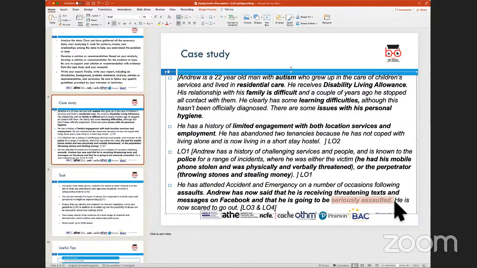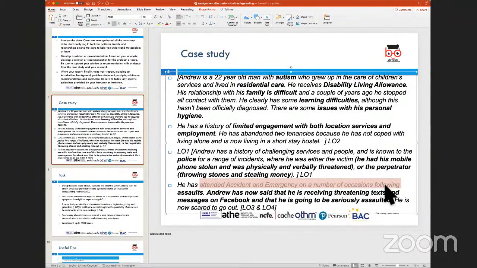Now, learning outcome 3 talked about identification of legislation and policy, and the impact of this legislation and policy on the principles or requirements for safeguarding. So this bit here, accident and emergency on a number of occasions and assault, is directly related to learning outcome 3. Why? Because this talks about the impact of key requirements to have safeguarding in place. He has attended accident and emergency on a number of occasions.